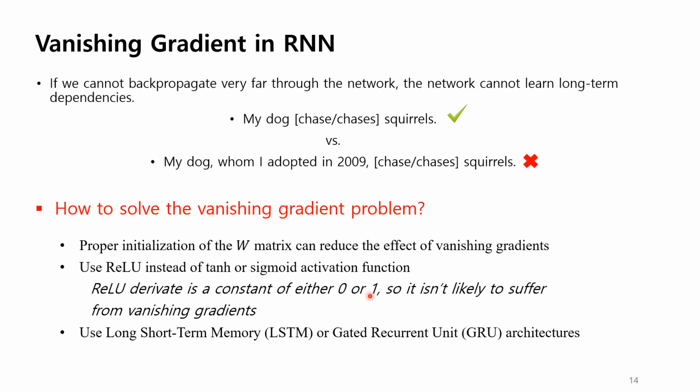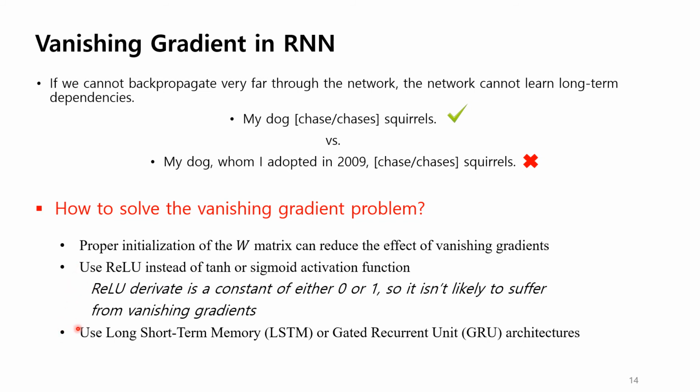So it doesn't have a vanishing gradient problem. But the problem of the ReLU is, as I said in the gradient optimization method chapter, many of the neurons using ReLU are actually dead because the output is zero. Okay, so ReLU has its own problems.